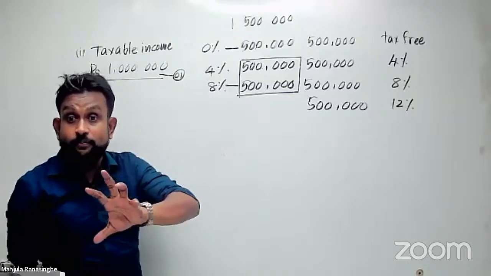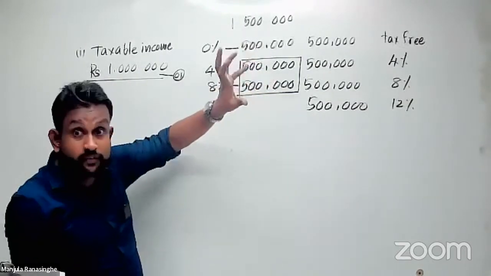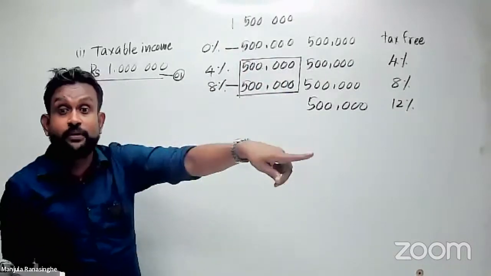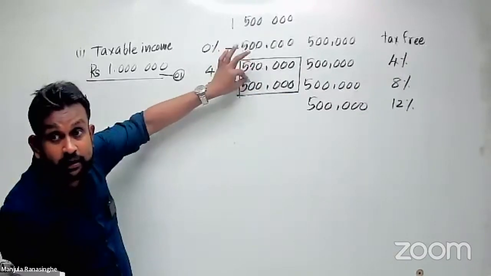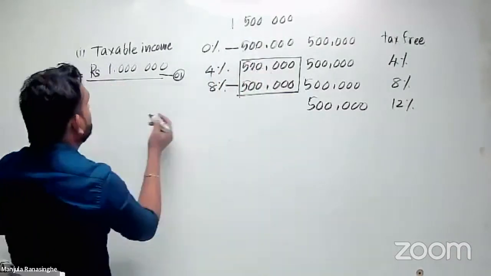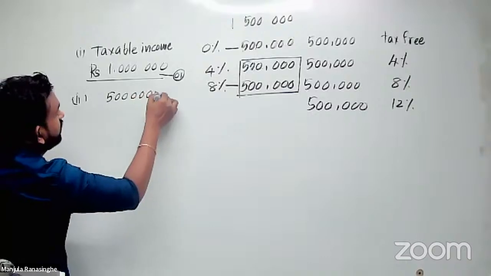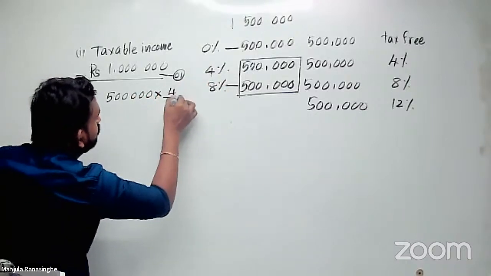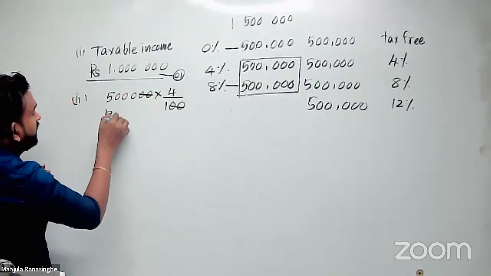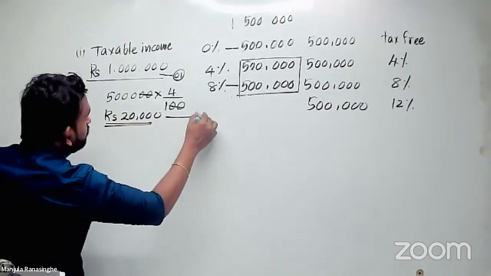So don't think that this 500,000 is the first 500,000, but they're asking, see the wording, first 500,000 of taxable income. So this is the taxable income. From that, this is the first 500,000. So 4% of this 500,000, right? How to calculate: 500,000 multiply with 4%. Percent means 4 upon 100. Two zeros being cancelled, then 4 into 5,000, that is rupees 20,000. So this is the second question answer. You have 2 marks.